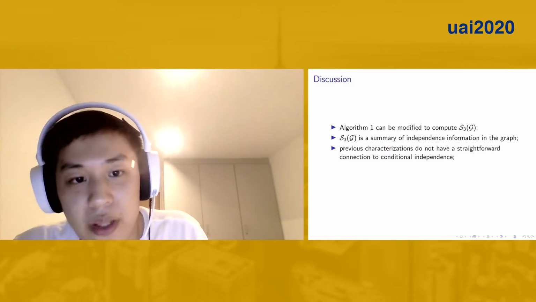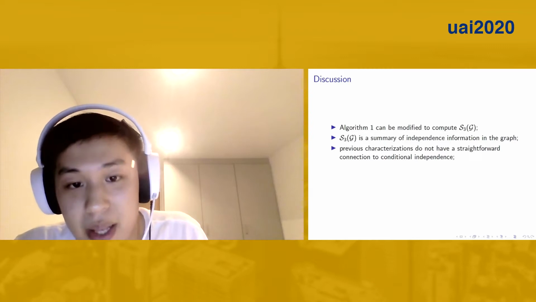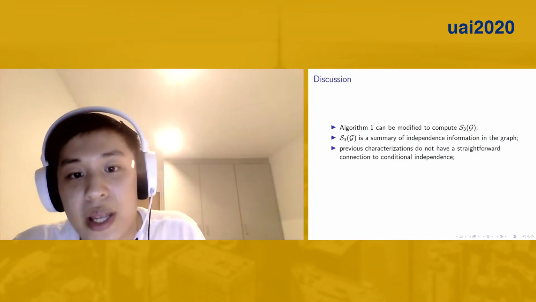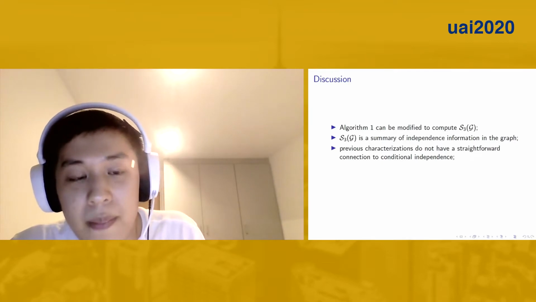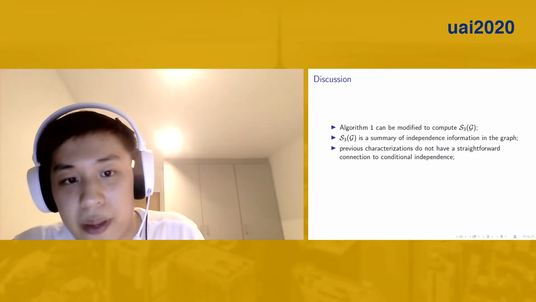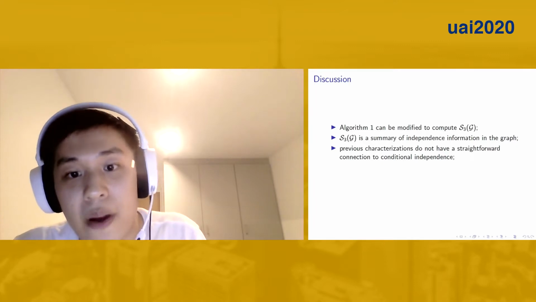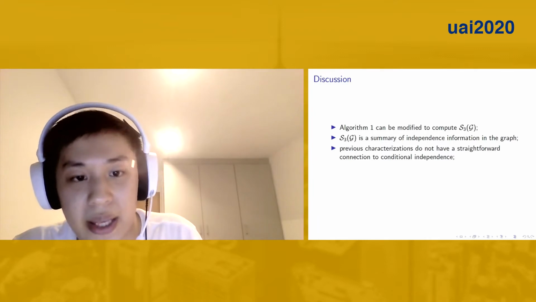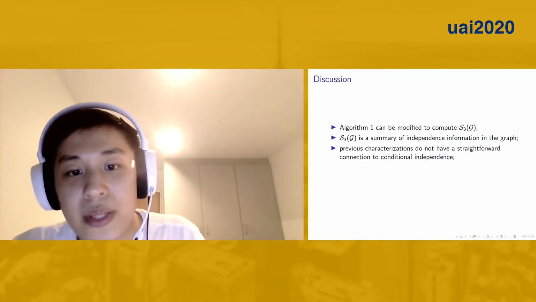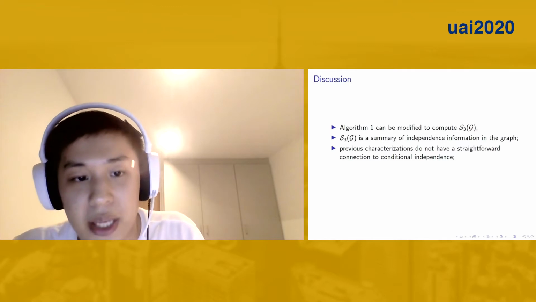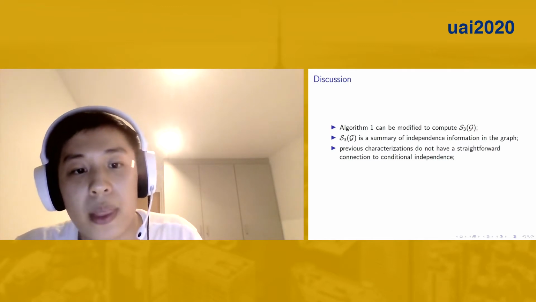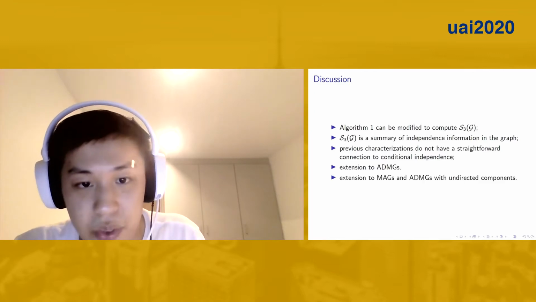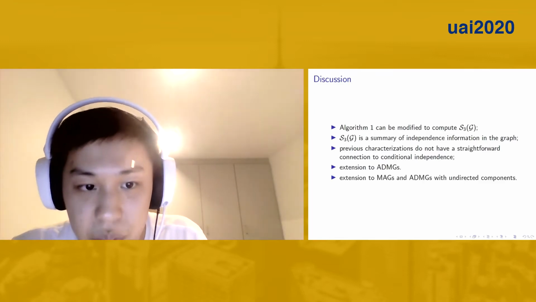Further, one of the advantages of our criterion is that if we consider S_3, which can be obtained in polynomial time, it is a summary of independence information in the graph. So if we know a set ABC is in S_3 and A and C are not adjacent, then we know that there is no independence between A and C given any subset containing B. We also show that heads and tails are preserved through the projection from ADMG to MAG.